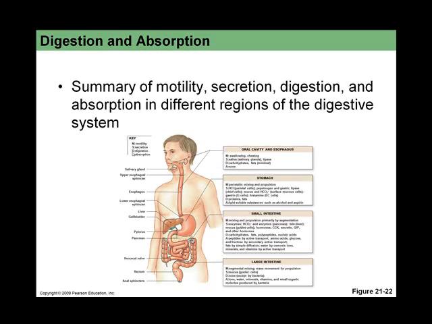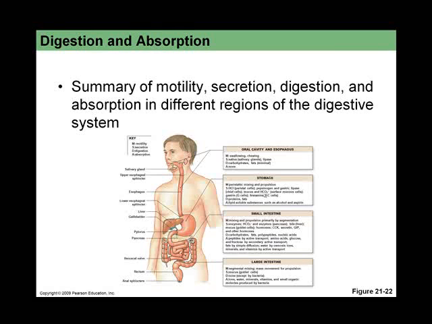So we're thinking motility, secretion, digestion, and absorption. In the stomach, the motility is the peristaltic mixing and propulsion. The secretion is the hydrochloric acid from the parietal cells, and pepsinogen and gastric lipase from the chief cells.